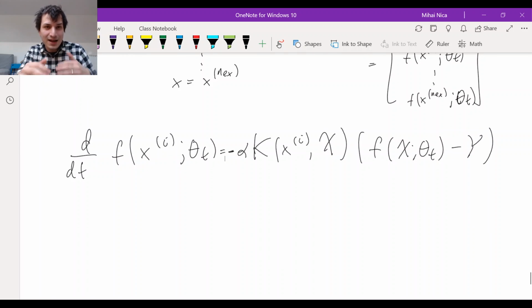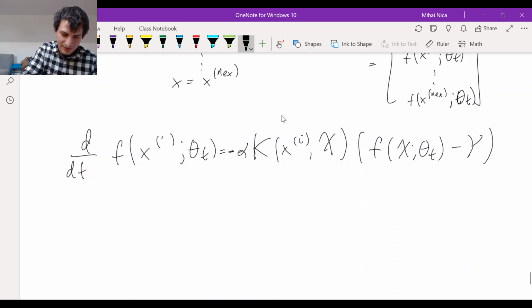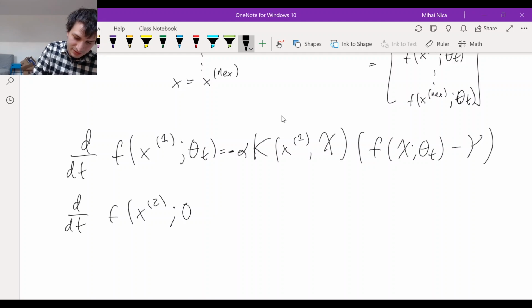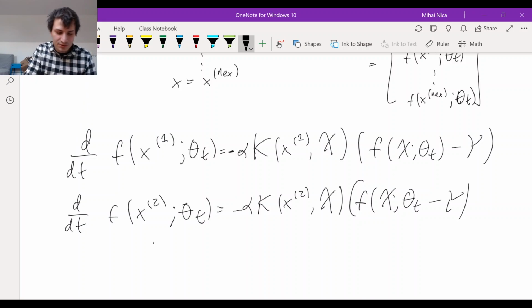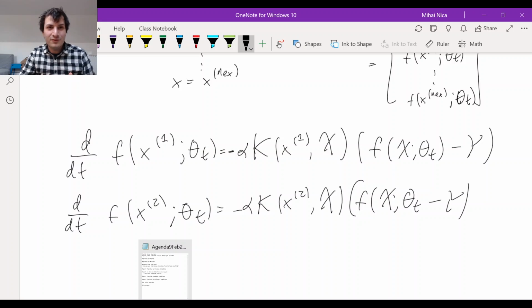And now if you stack all of these, so this is x1, and then you do the same thing for x2: d/dt f of x2 theta t. When you stack these, you do this n times, then you have a big vector, which is the vector f of x theta t.